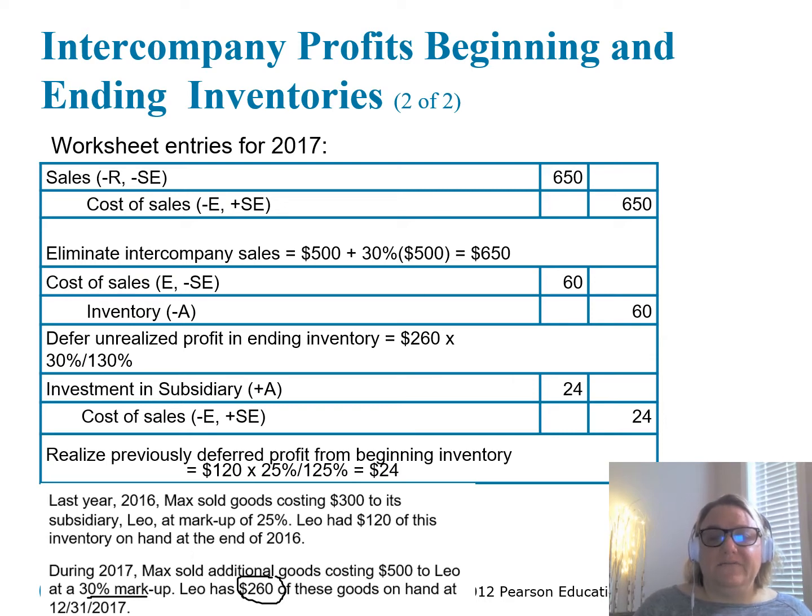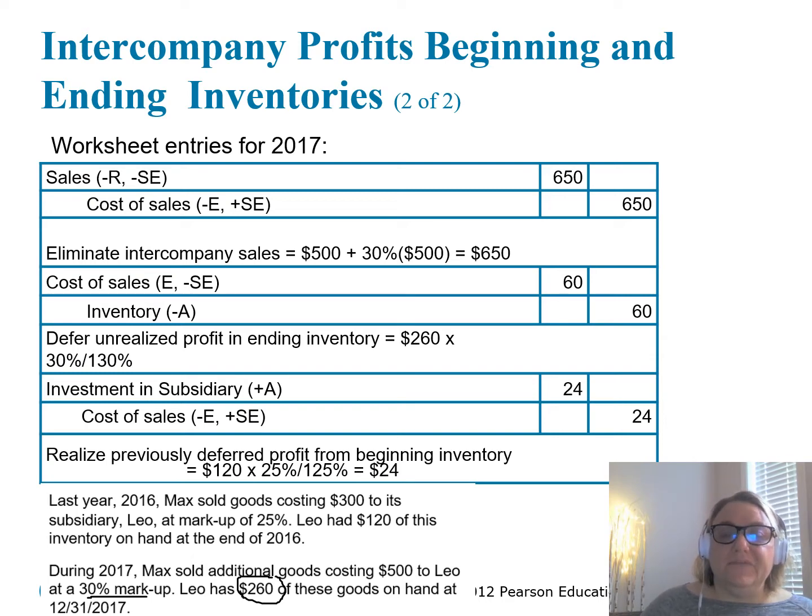It's kind of hard to explain the math here, but the idea is 30% of the 650. Just divide by 130%, which is what we did here.